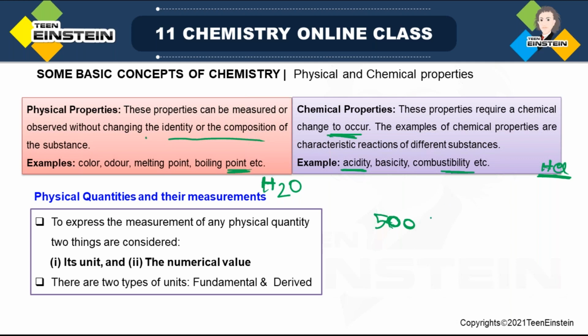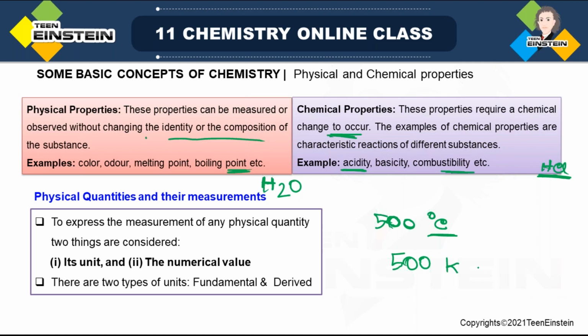Once you say it is 500 degrees centigrade, this is the unit, and now it makes sense. You need not just the numerical value. 500 is the numerical value, but merely saying the temperature is 500 doesn't make sense. You have to mention the unit. You can also say it is 500 Kelvin, which is another unit of temperature.